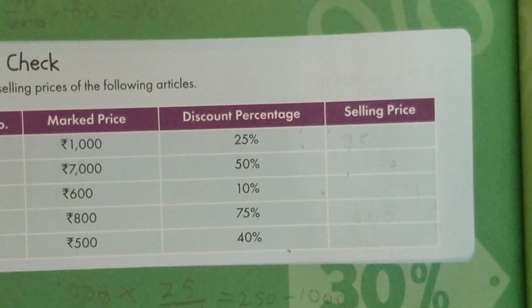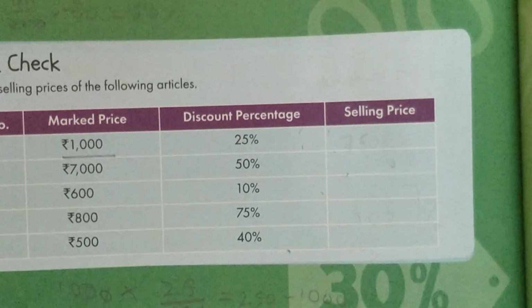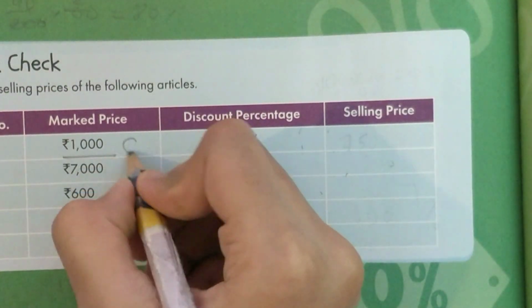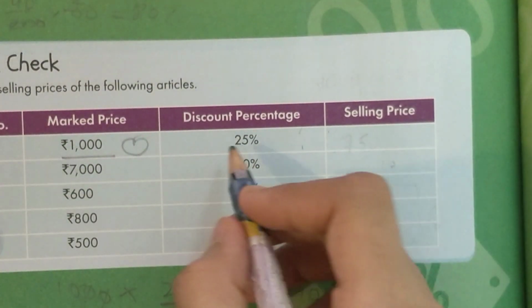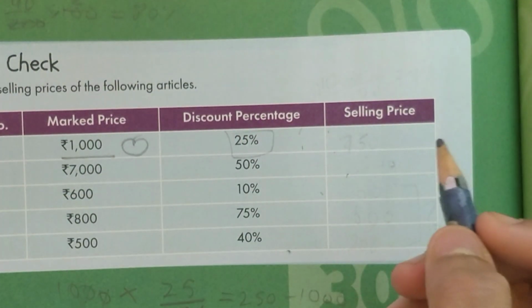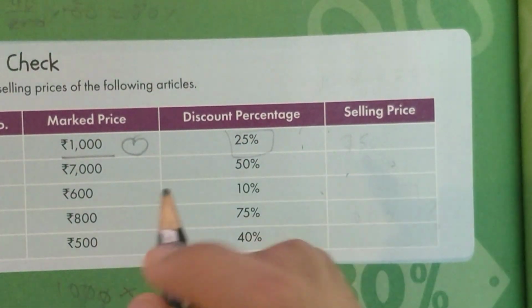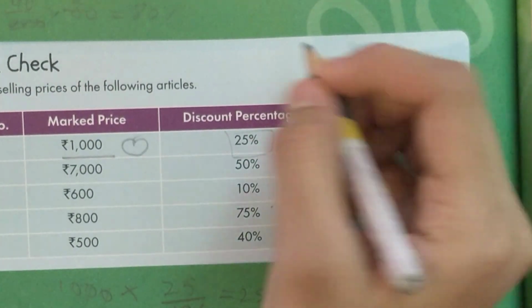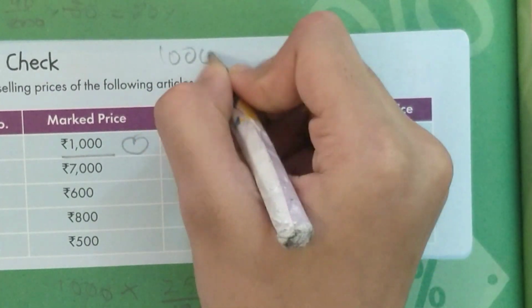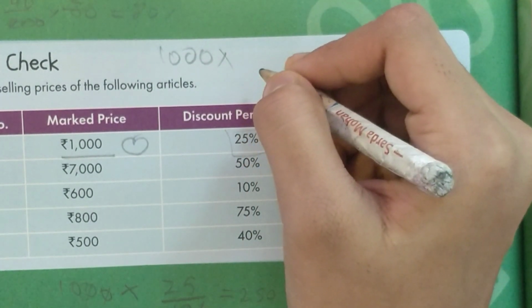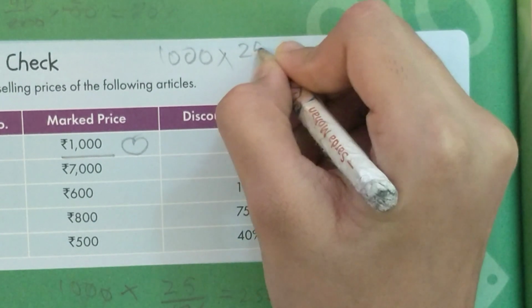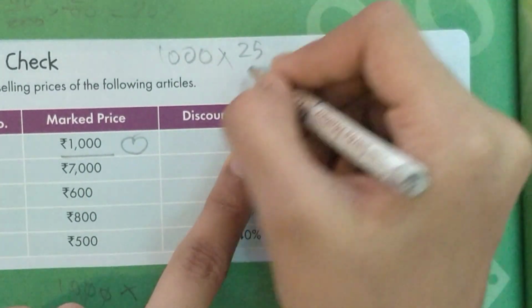Okay, now let's find out some more. The market price of an apple is 1,000 rupees, let's imagine, and the discount percentage they're giving for the apple is 25%. So you put the price and multiply it by 25, which is the discount percentage, by 100.